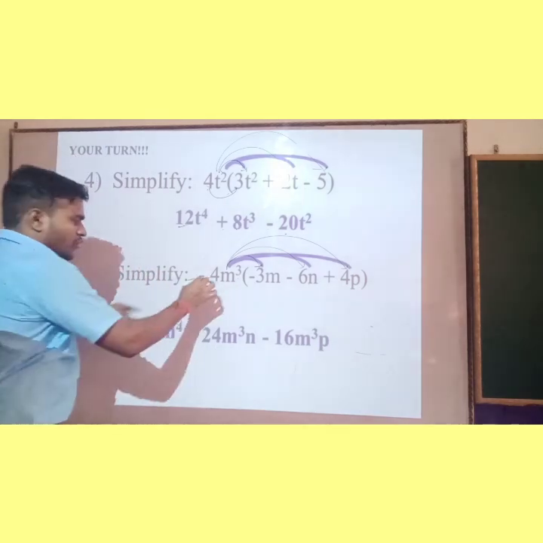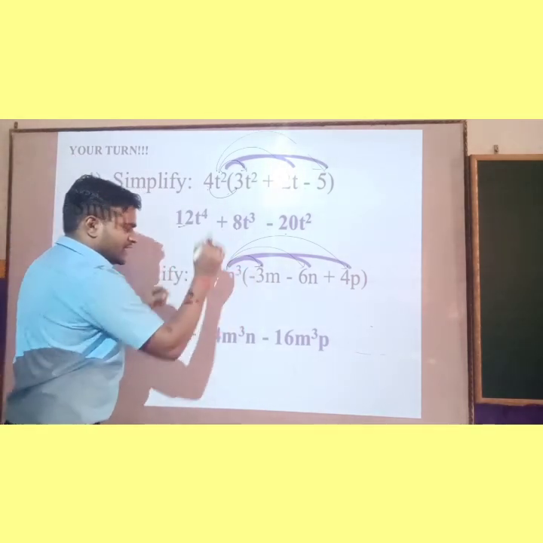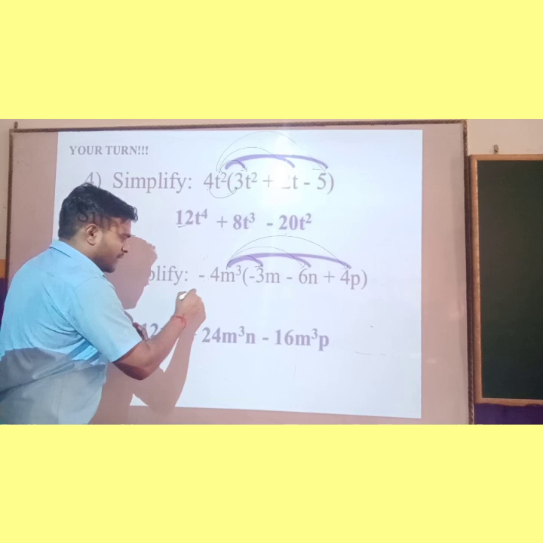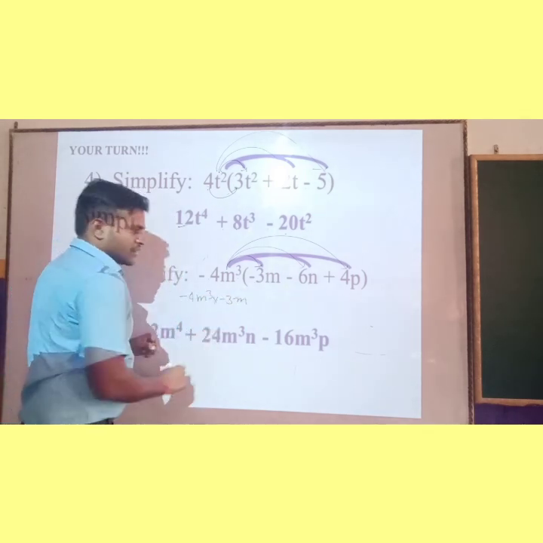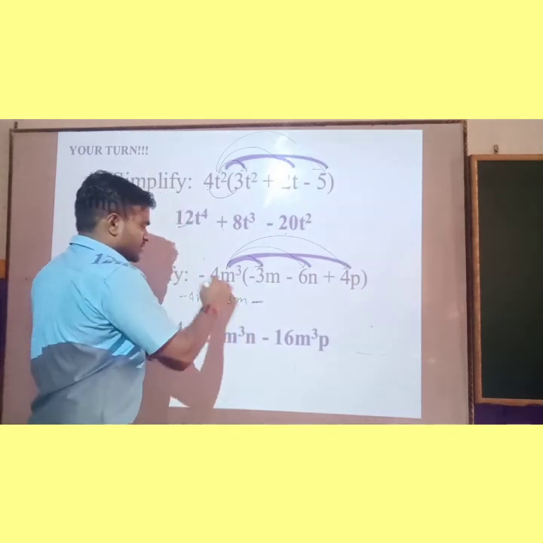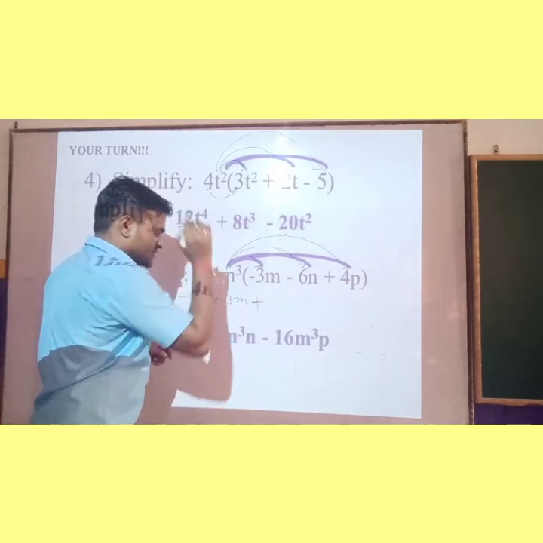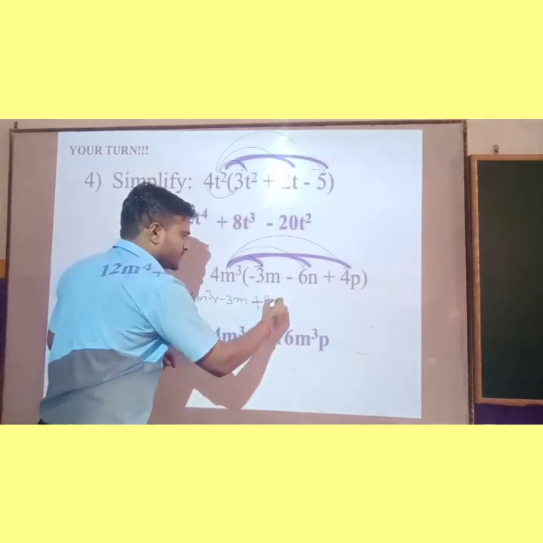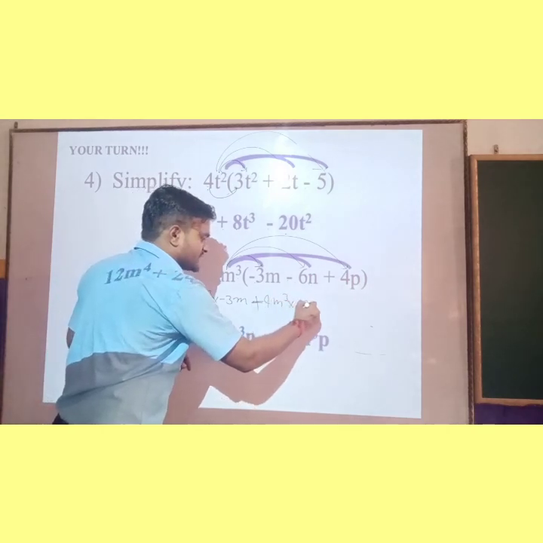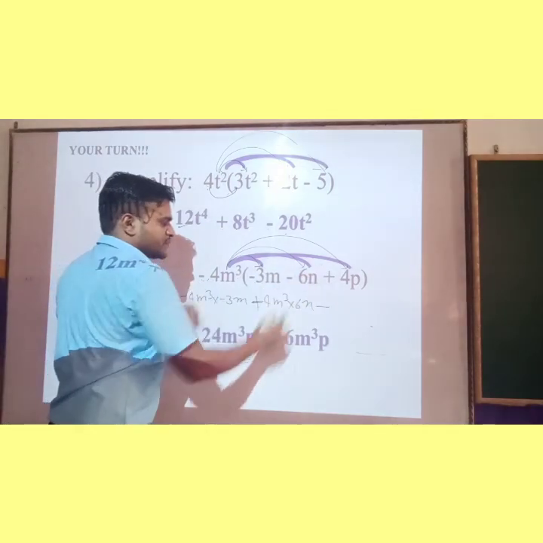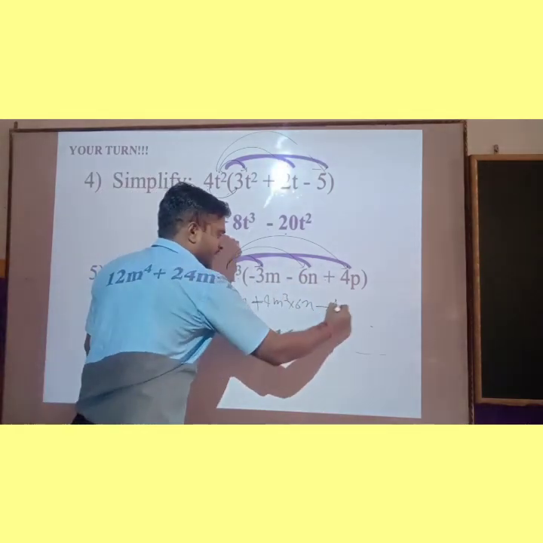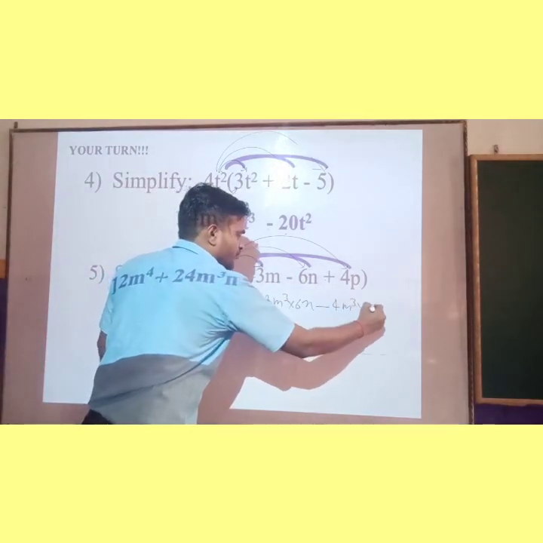Now children, minus 4 multiplied by minus 3, so that is minus 4m cube multiplied by minus 3m. Again minus is given there, so minus plus. 4m cube multiplied by 6m, again plus minus multiplied with this plus minus 4m cube into 4p.